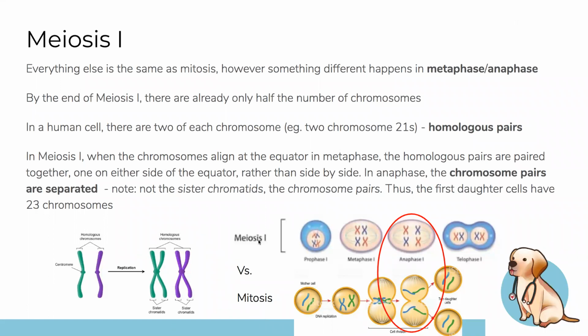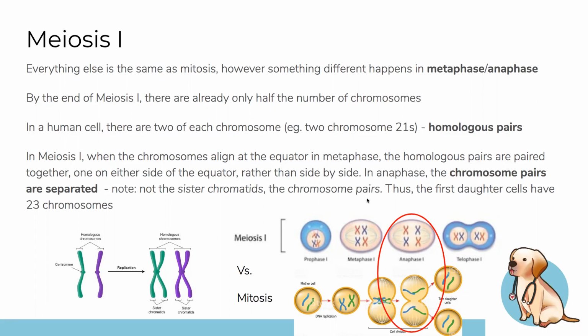They've pulled them away from each other, so you have one chromosome of each homologous pair in each cell, basically.